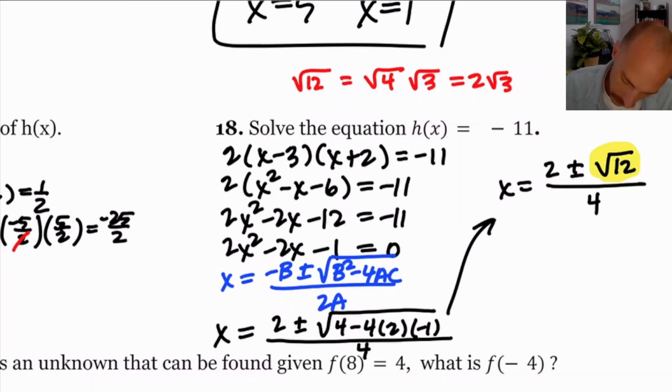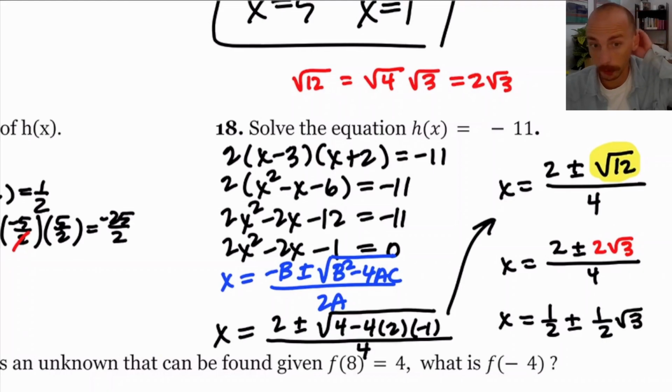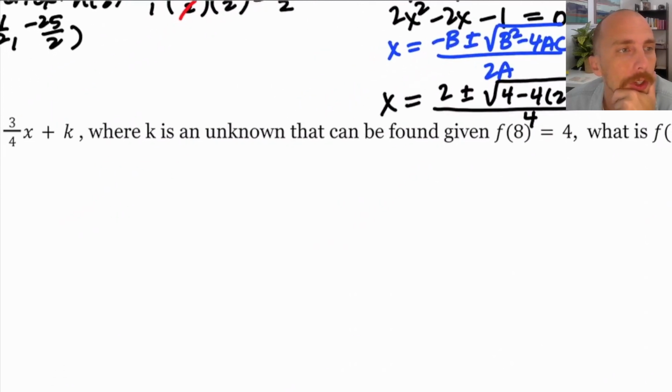And so if I've got 2 plus or minus 2 square root of 3 all divided by 4, that's 2 over 4, that's a half, plus or minus 2/4, that's another half of the square root of 3. Or you could call that root 3 over 2, however you like. Okay, that's how we're going to solve that one and simplify our answer.